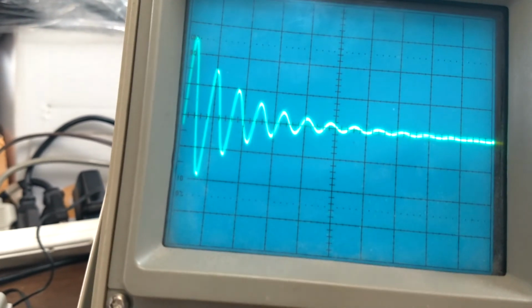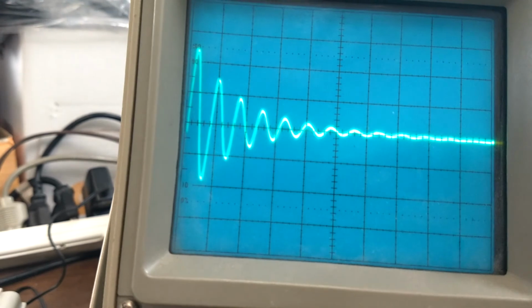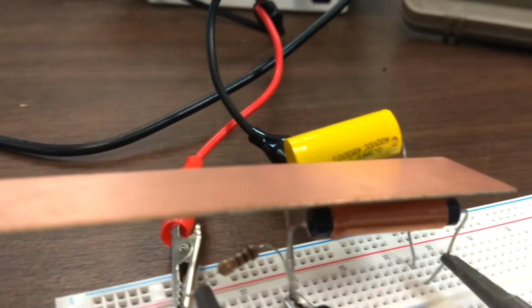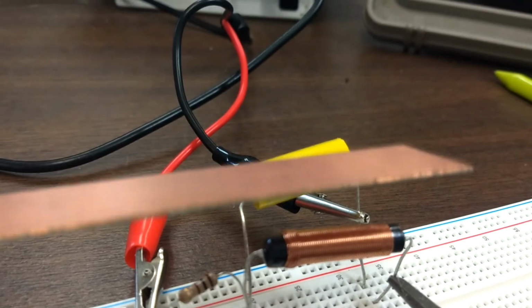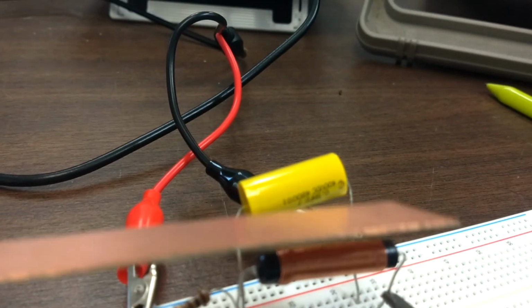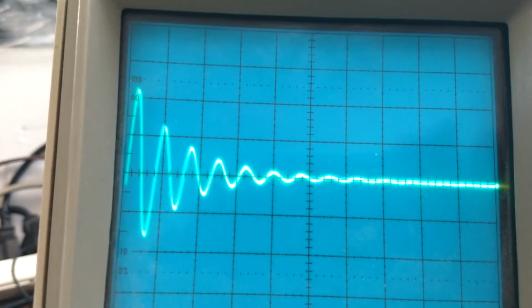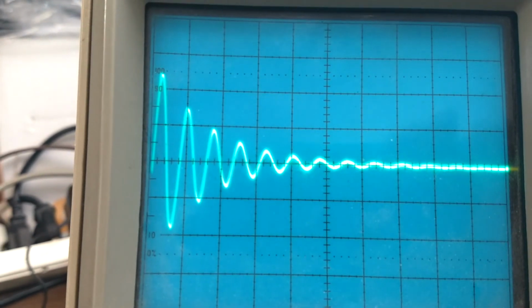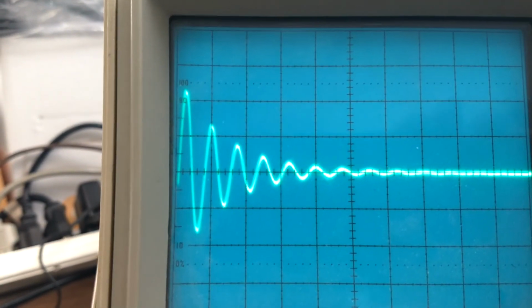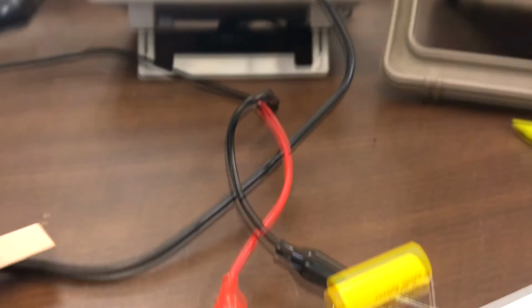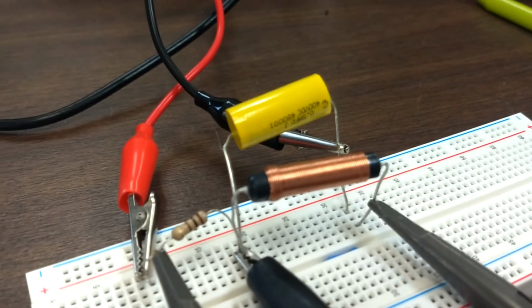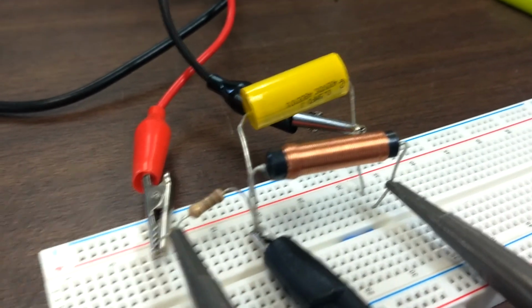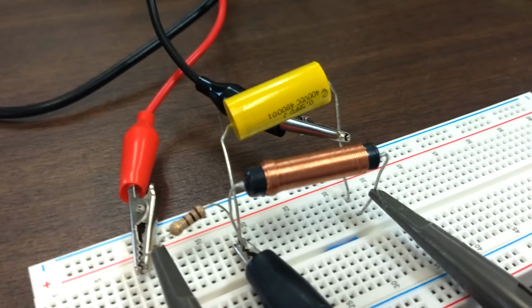And that's because of losses induced from the magnetic field of the inductor, inducing eddy currents into the PC board material. So the purpose of this is to just show that inductors are radiating energy all the time, and we have to go to great lengths to prevent the magnetic field of inductors from going places we don't want it to go.